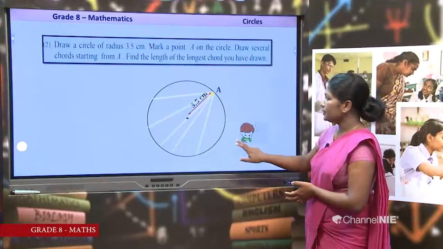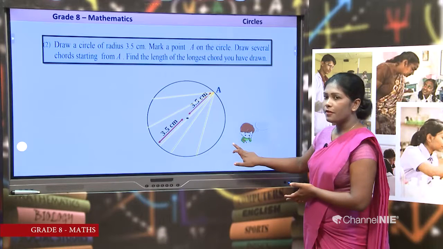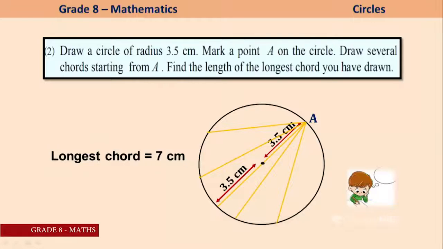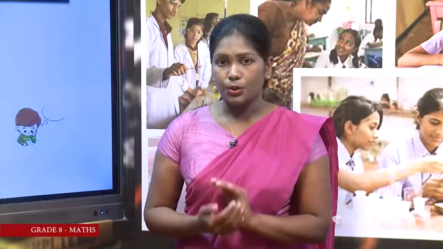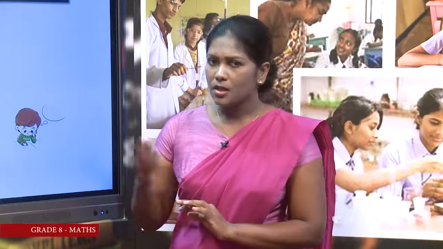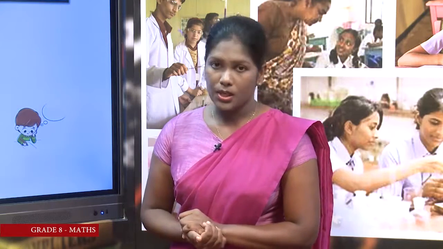Then you can obtain the answer: 3.5 centimeters plus 3.5. That means the longest chord should be 7 centimeters. Okay, children. Now you know how to solve the questions. Now move to the third question.